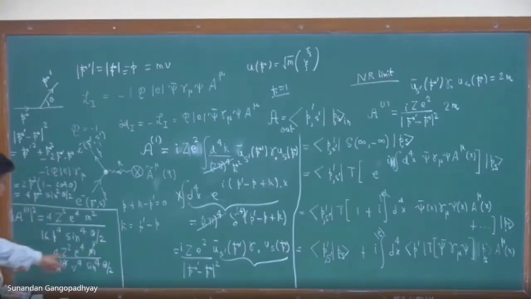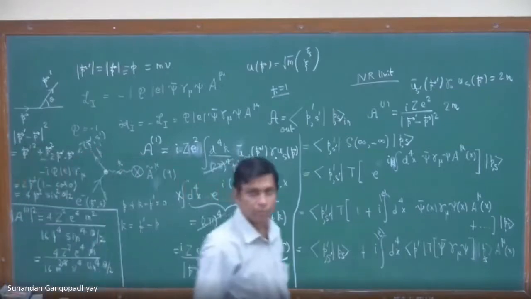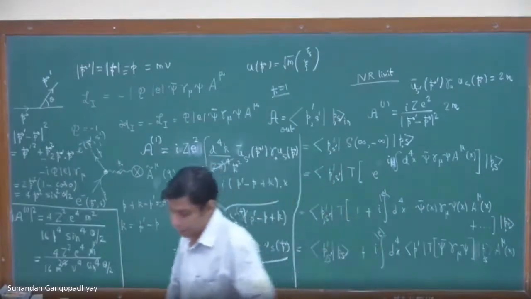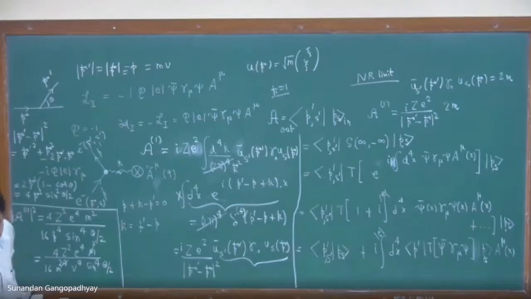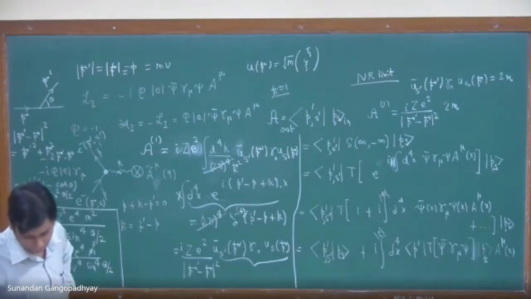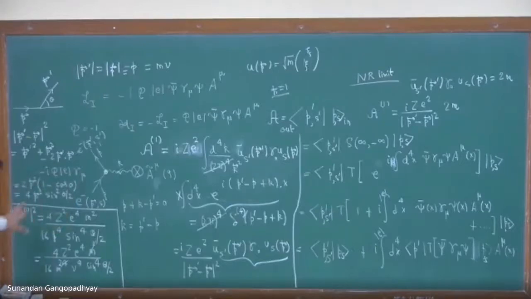So it is 4 z square e to the power of 4 by 16 m square v to the power 4 sine to the power 4 theta by 2. That is the mod square of A1. This is what we get from here.